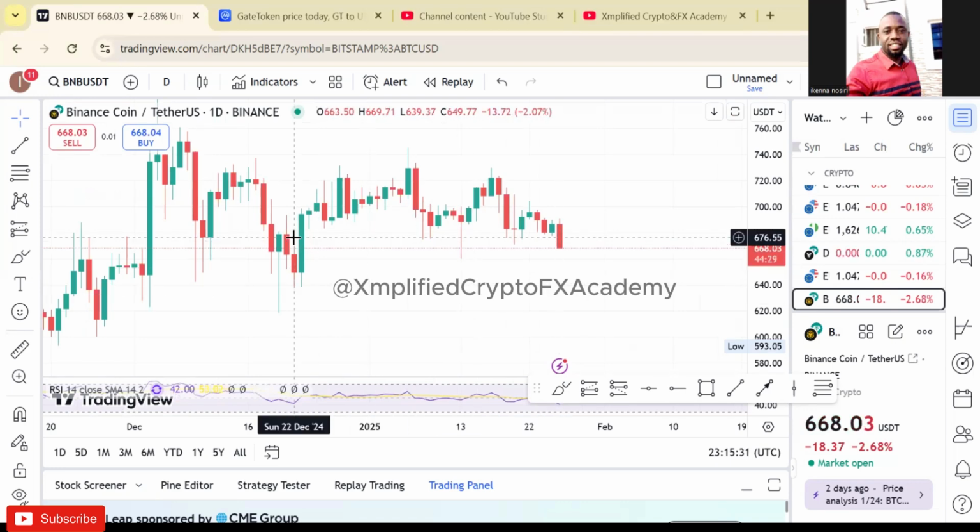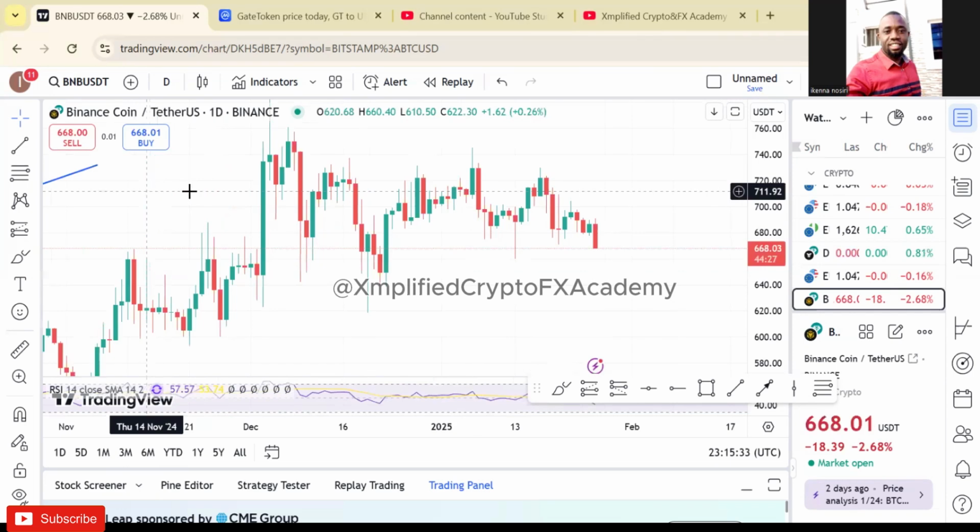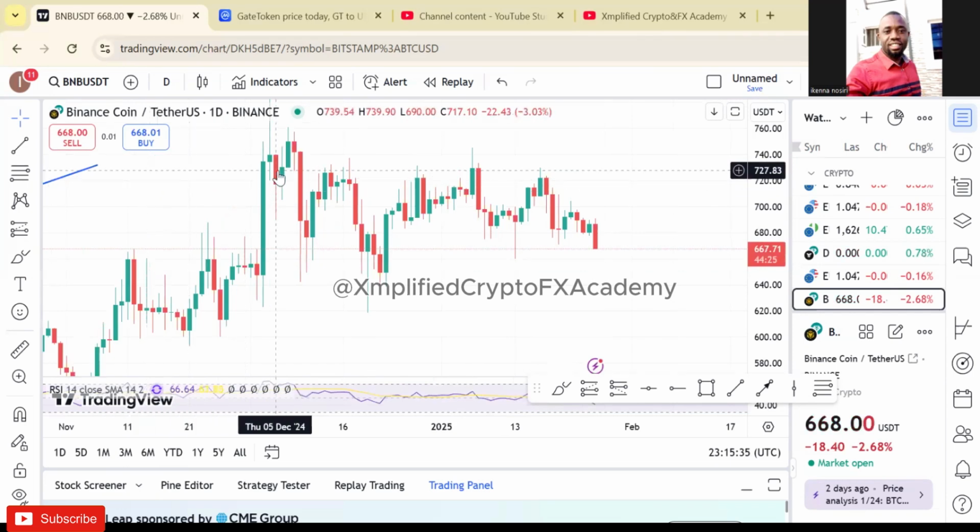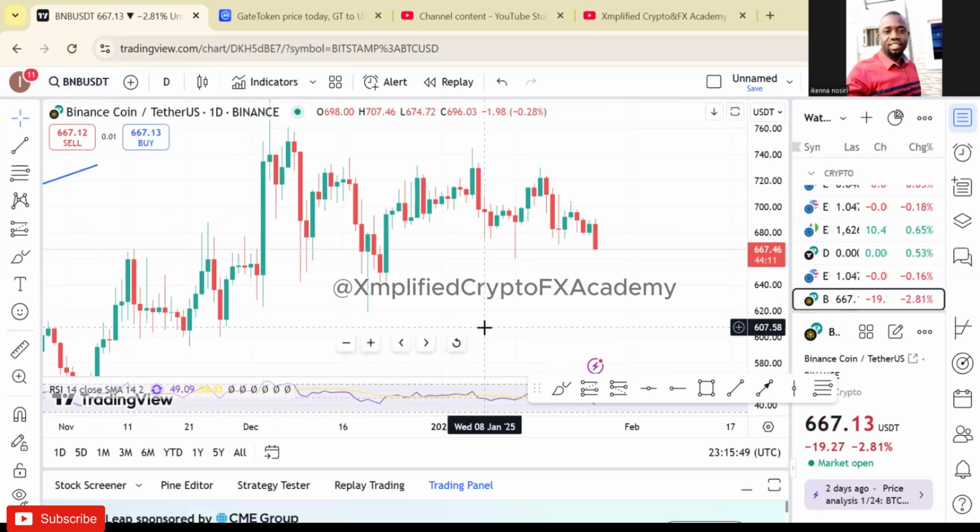We'll use this set of histories to predict the outcome of what will happen next, as in the next action of this token, BNB USDT. So that's what technical analysis is all about.